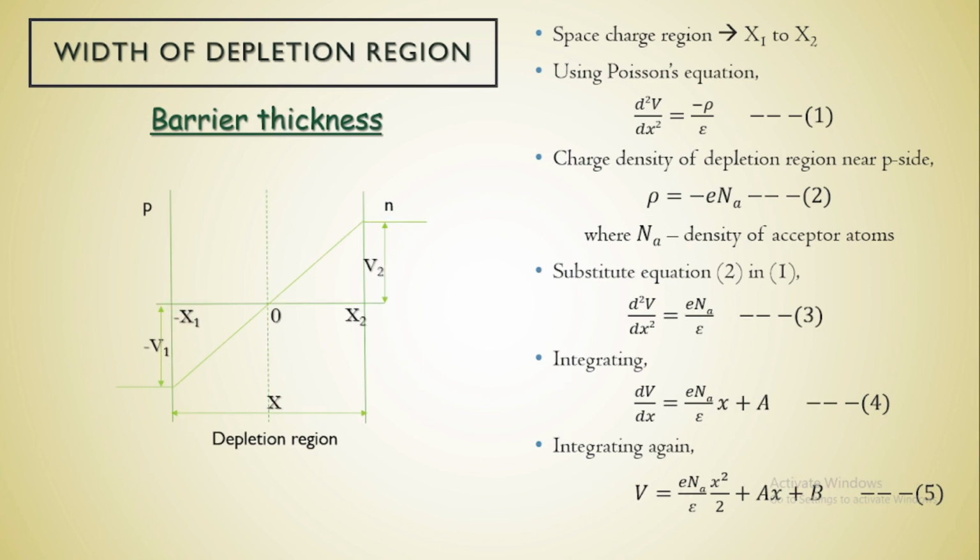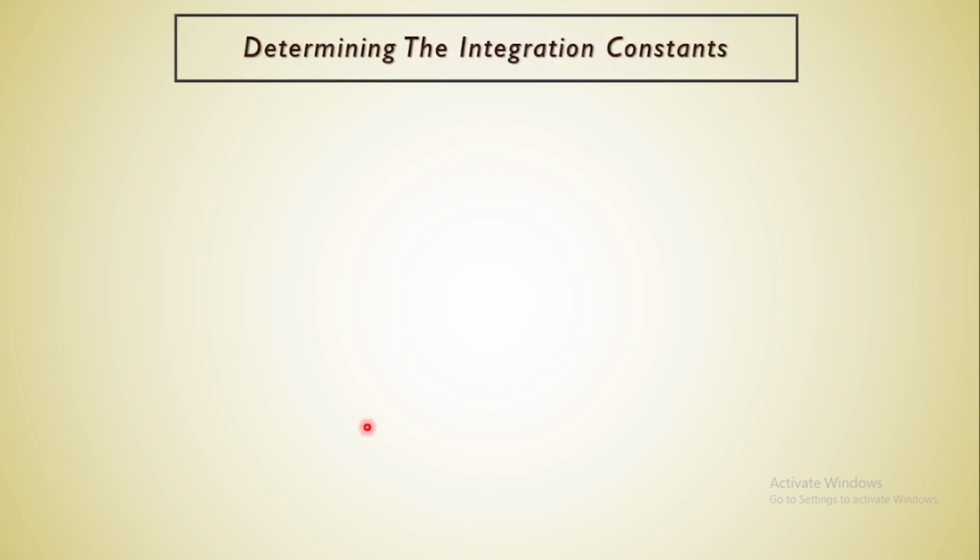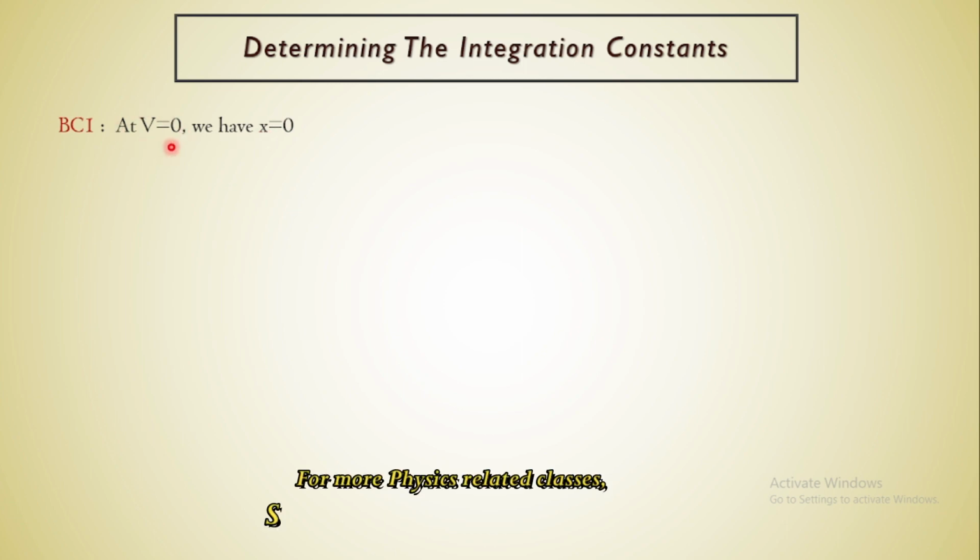So next, in order to find out the integration constants, that is a and b, we will make use of the boundary conditions. First one, what happens at the origin? At x equals 0, we can say v is equal to 0, or at v equal to 0, we have x equal to 0.